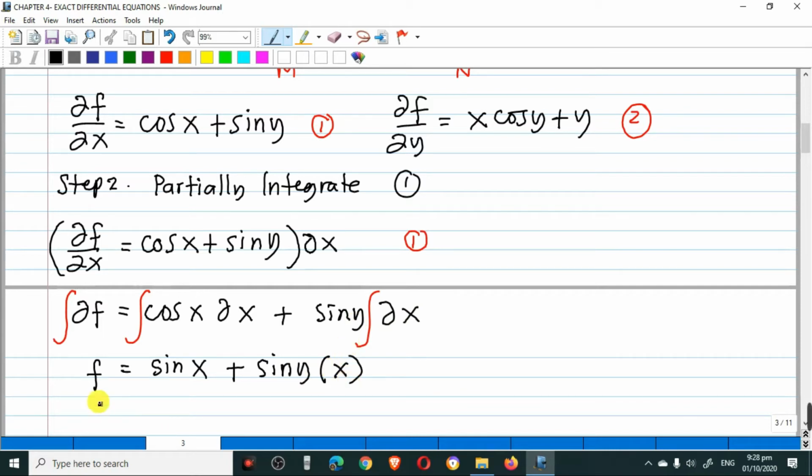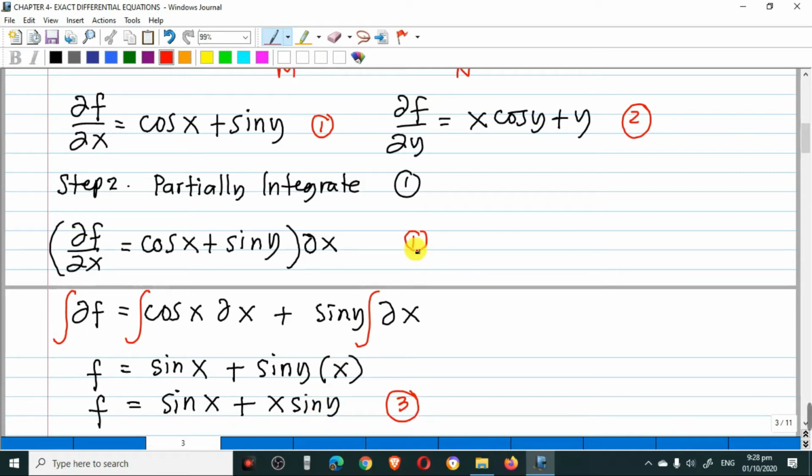Let us arrange this: the function is equal to sine of x plus sine of y times x, arranged into a proper equation. This is now our equation number 3, which came from equation number 1.